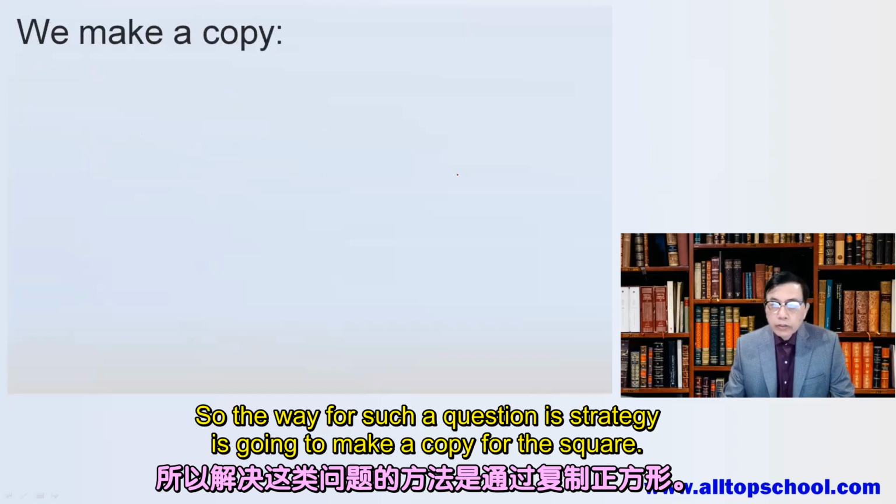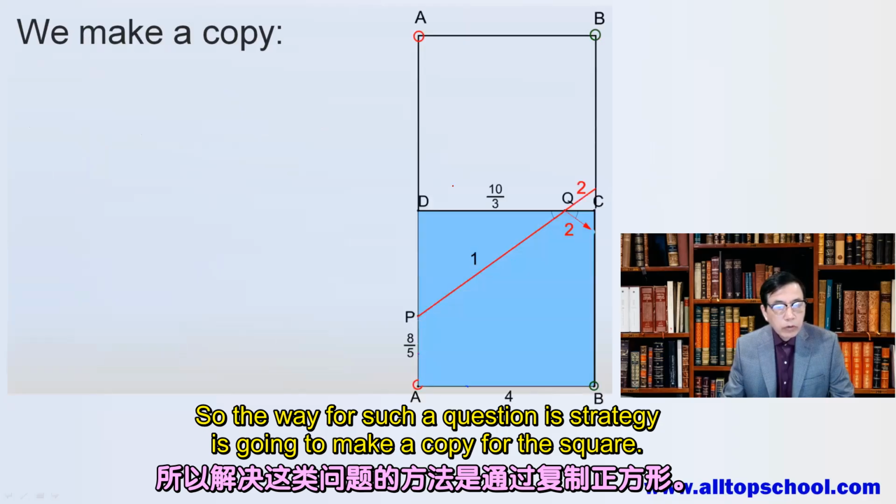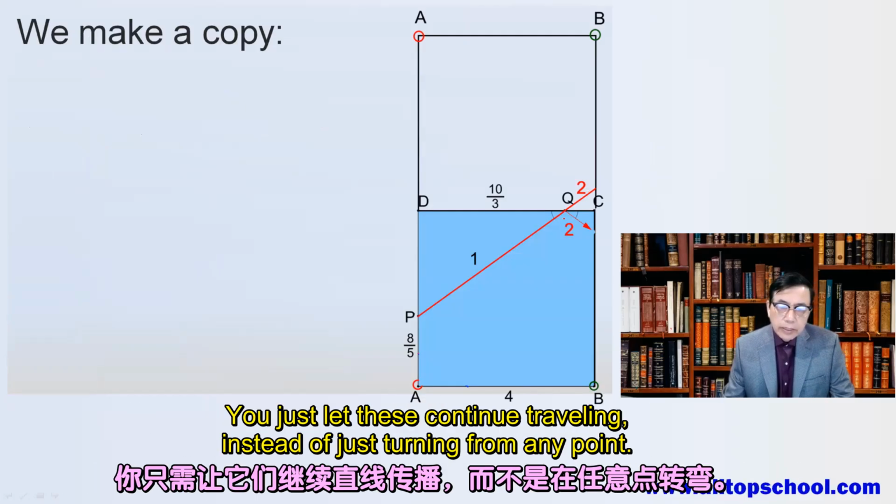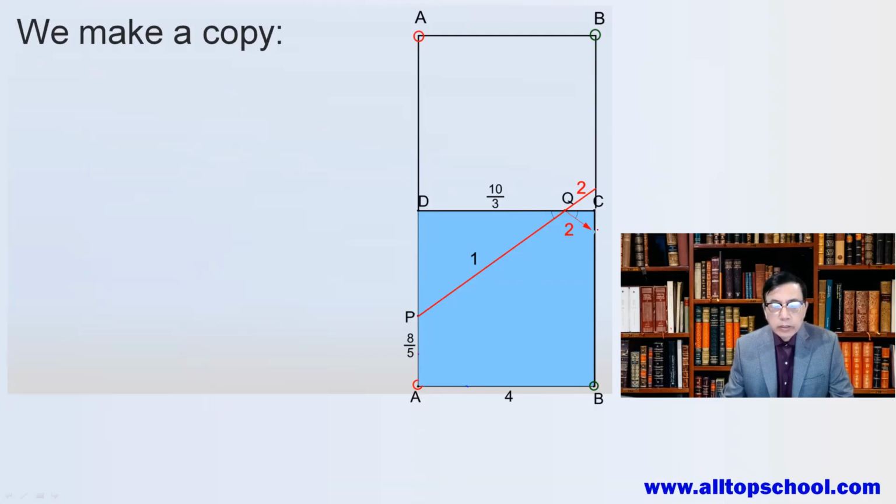So the strategy for such a question is to make a copy of the square. Instead of turning here and getting a reflection, I let these lines continue, like a beam. You just let it keep traveling instead of turning at any point.